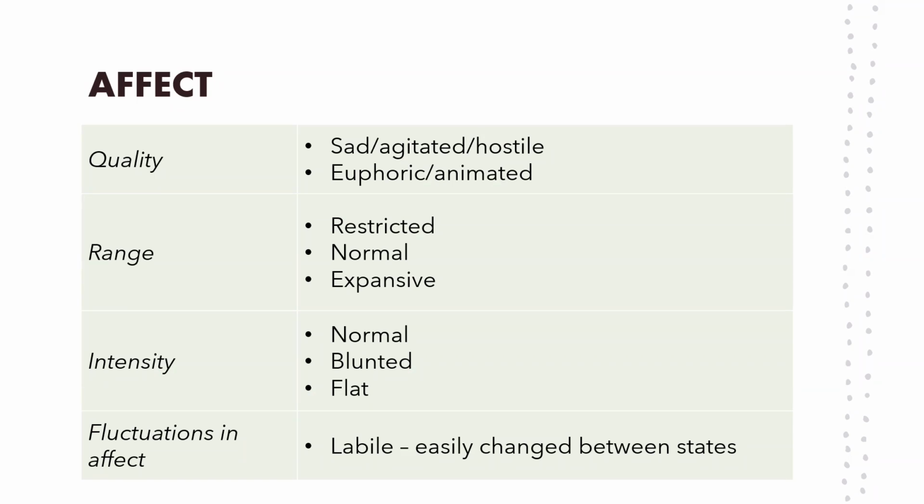And when I'm talking about the range of affect, so let's say with the normal range of affect, it means that there's a normal variation in facial expression, or tone of voice, or use of hand gestures and body movements. While, for example, a restricted or constricted range of affect is when this is reduced, or they basically do not show any feelings or do not react to anything appropriately.